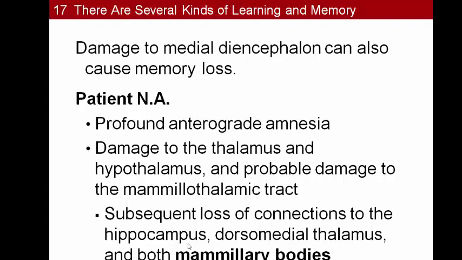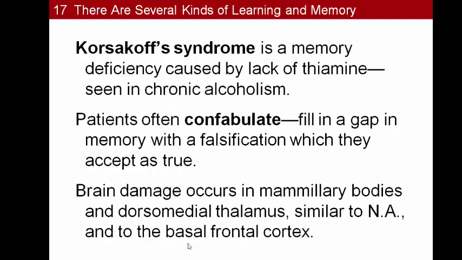So even though he did not have the specific hippocampus damage that HM had, he had similar symptoms. He had that profound anterograde amnesia, so he lost the ability to form new memories. And so that tells us that there are lots of different structures that are all related to memory, and that damage to one or more of these structures is what causes the symptoms.